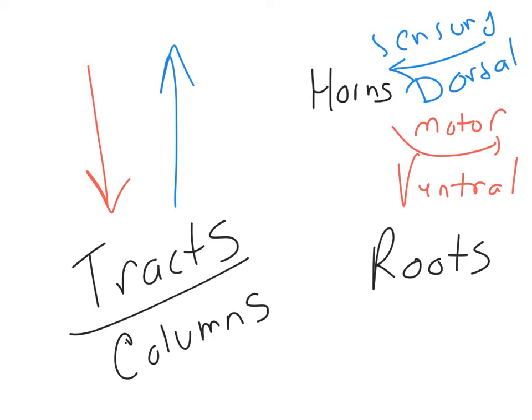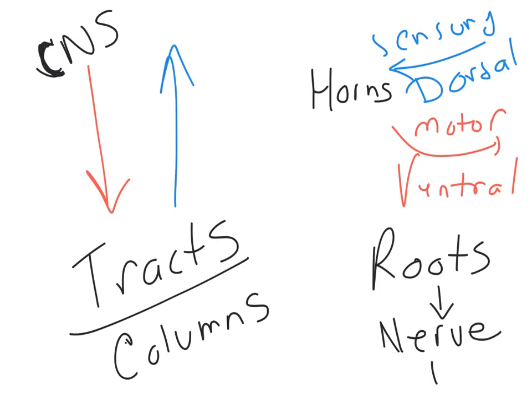So the tracts within the spinal cord, the columns, this is all part of the spinal cord. This is all part of the central nervous system. Information coming into and going out of, which is then going to combine to form the nerve, is part of the peripheral nervous system.